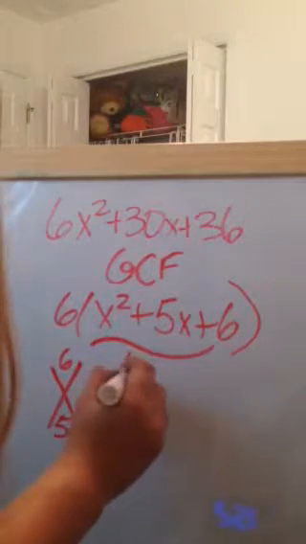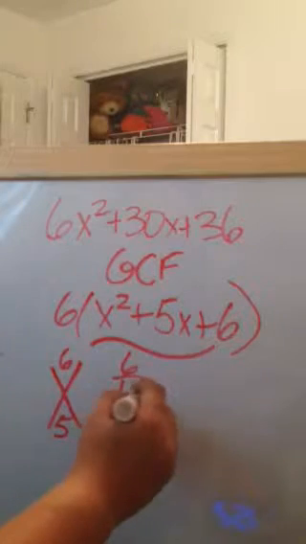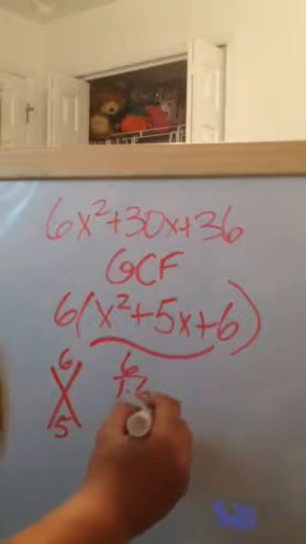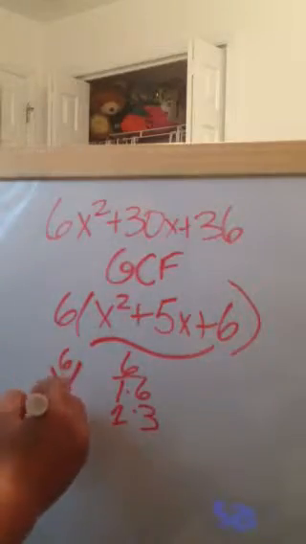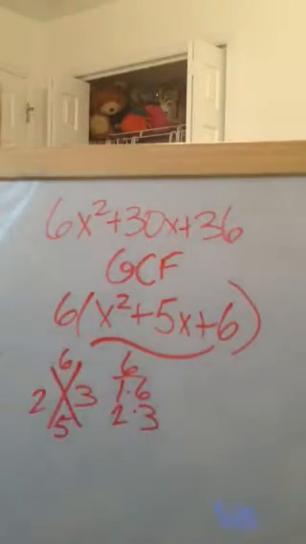So, what are the factors of 6? You have 1 and 6, 2 and 3. And that's it. So, it's not 1 and 6, but I think when you add together 2 and 3, you will get 5. So, we're going to use those, 2 and 3.